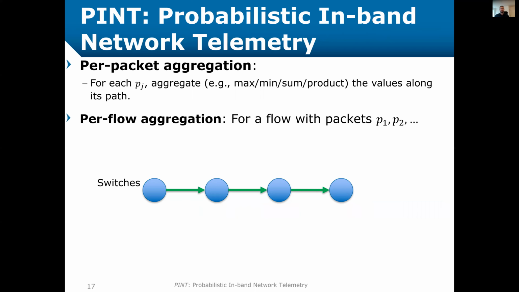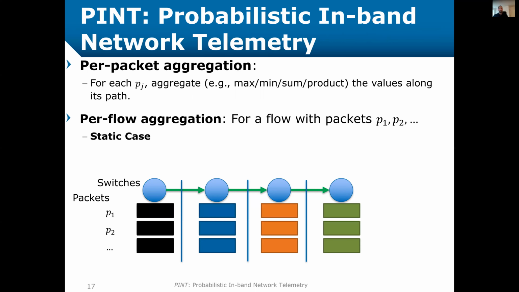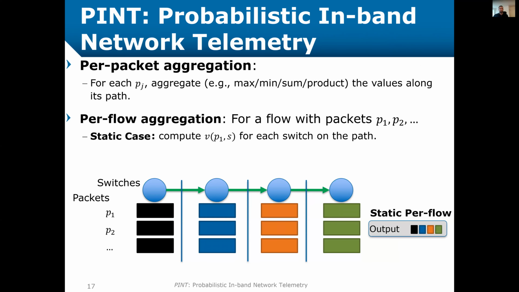We also have per flow aggregation, and the idea is that I'm going to have a flow, it's going to have multiple packets, they are all going to go through that path, and they're going to observe values. We have two subcases. The first is the static case, where the values are the same for all packets on a given switch. You can think of maybe like the switch ID or routing rule.